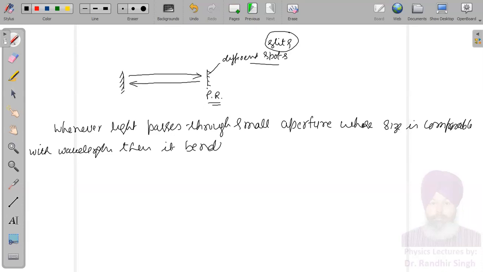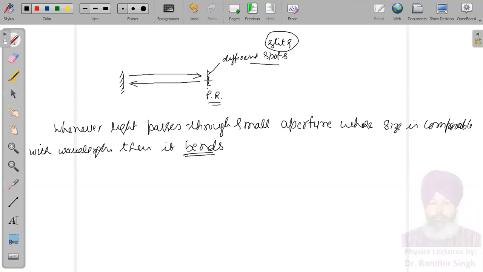Do you know this? There is a special name for this process. Bending of light: diffraction. Very good.